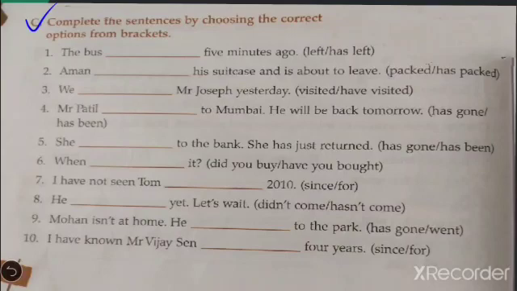Now look at number 1. The bus dash 5 minutes ago. Now left and has left. Now the bus is not in that particular place, so the action was completed in the past only, it's not continuing in the present. That's why here only left will come.